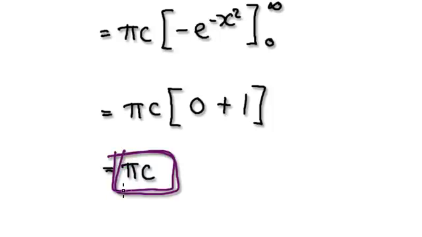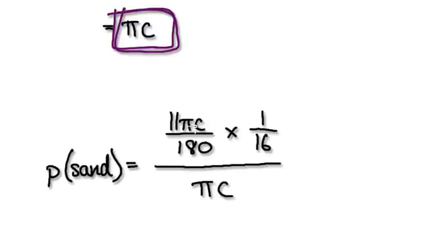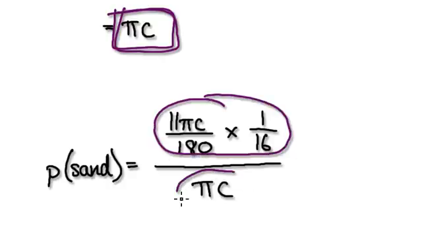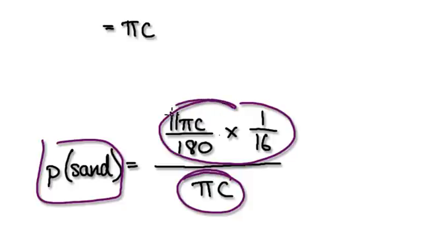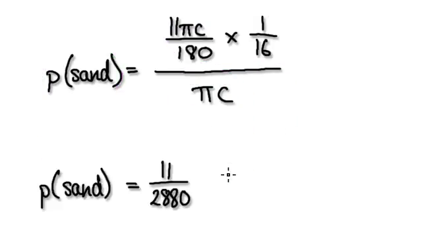So now the probability of us hitting the sand is this. This here is the volume of the sand, and this here is the volume of the whole thing. So the probability is the volume of the sand divided by the whole thing. Simplify it, and it will become this.